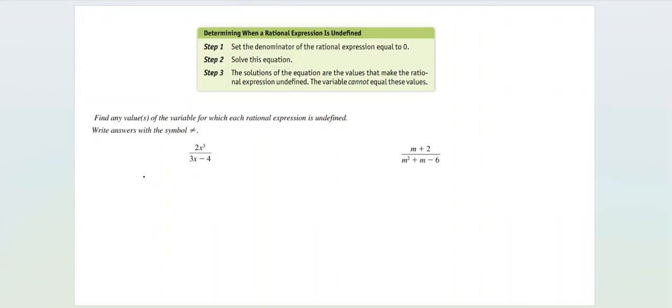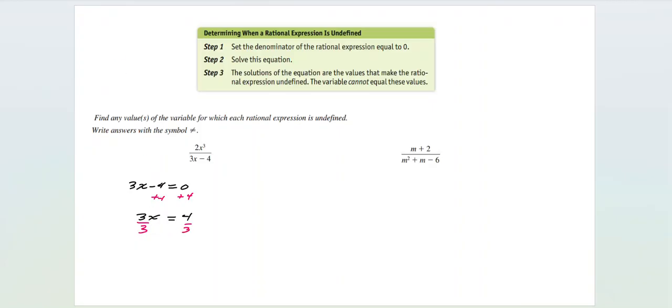So for this first example, 3x minus 4 equals 0. After that, we're going to solve this equation. We add 4 to both sides, so we have 3x; negative 4 plus 4 is 0, and then 0 plus 4 is 4. Now we're going to divide both sides by 3.